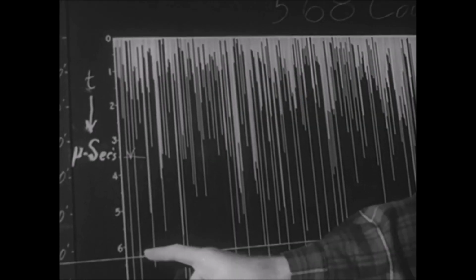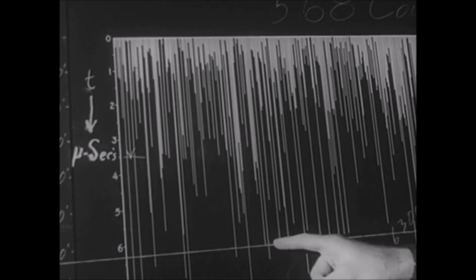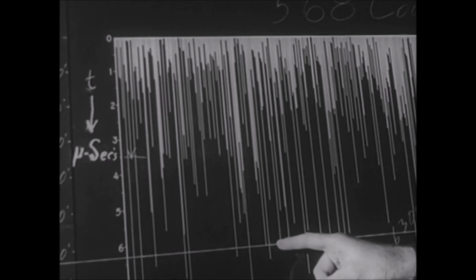That calculation is based on the assumption that mu mesons decay, that is, keep time, when they are in flight in the same way as they do when they are at rest with respect to us. That assumption gives us these 27 mesons per hour when we go down to sea level.